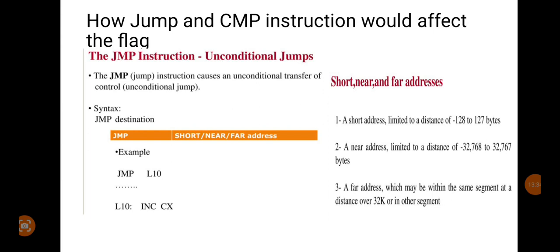The short address range is minus 128 to plus 127 bytes. Near address means minus 32,768 to 32,767, and far address means it can access the next segment. Now we see the function of the jump instruction, how it is performed, and how it affects the flags.